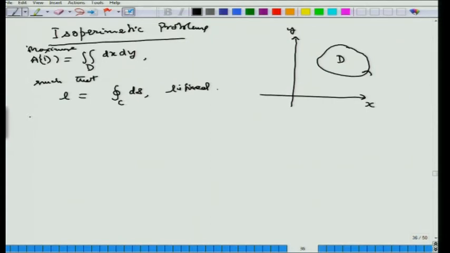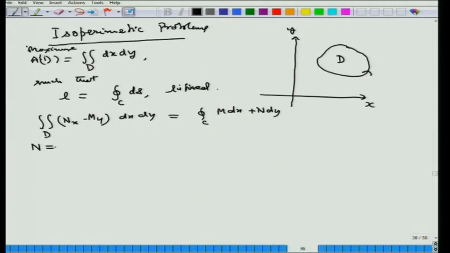So, just recall that here we have the double integral over D of (N_x minus M_y) dx dy equal to the integral of M dx plus N dy, as in Green's theorem.